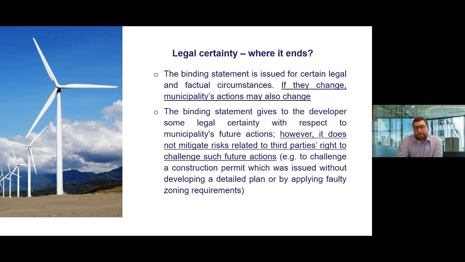For example, if a municipality, following its binding statement, at a later stage issues a construction permit, however it has issued it without a development detail plan or by applying faulty zoning requirements, the parties can still challenge this construction permit, and of course it may either stop or at least suspend for some time period development of the project.